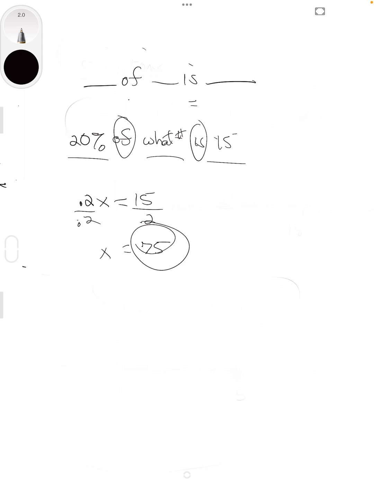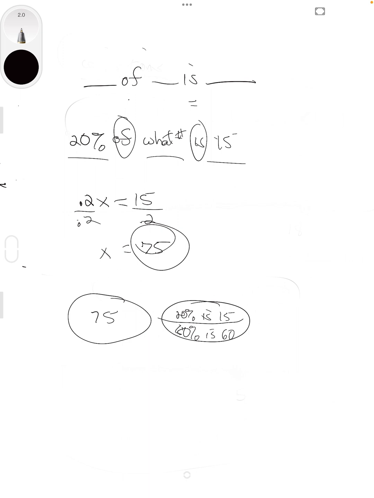Now, there's also a concept in this book because I want you to visualize that thing. So if the whole number is 75, this is kind of a way you could draw this. You could say 20% is 15. If the whole is 75, well, what's 80%? Well, it's going to be whatever 75 minus 15 is.